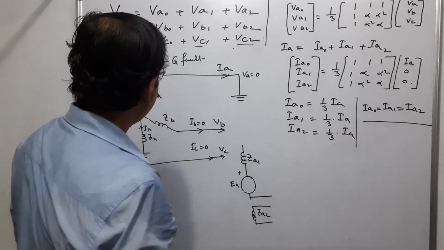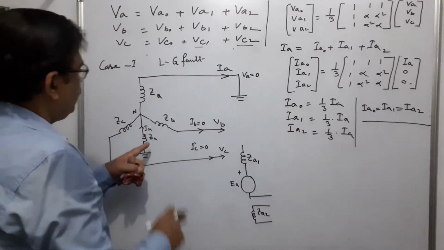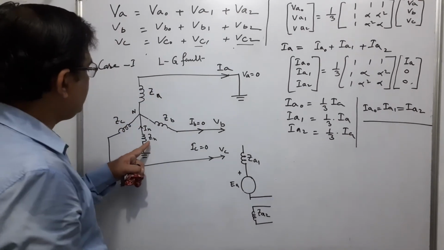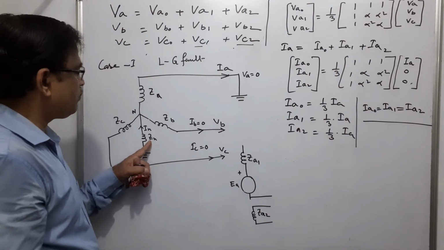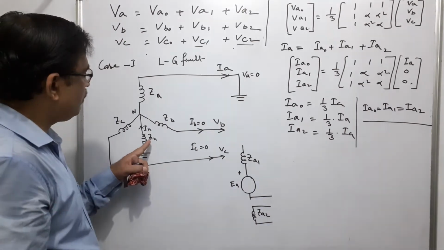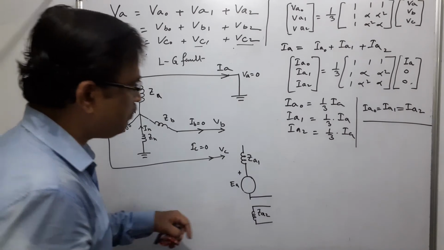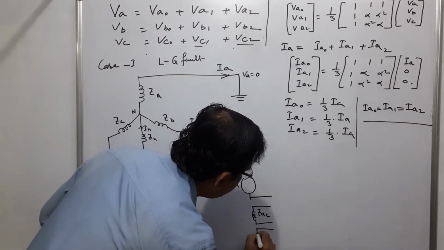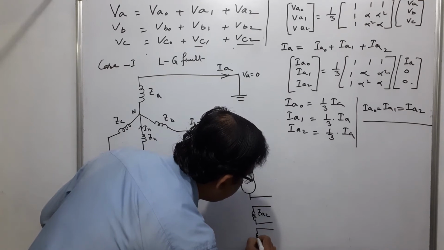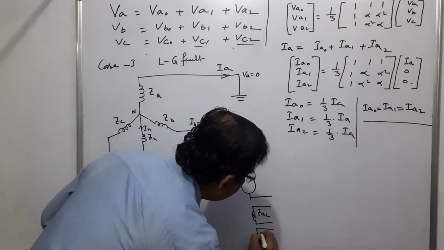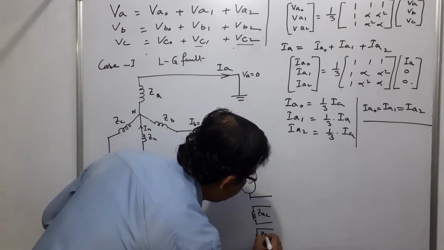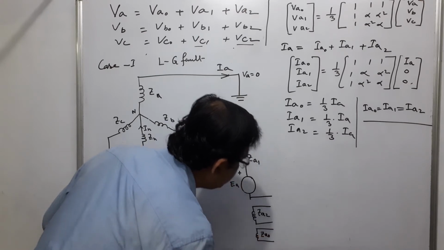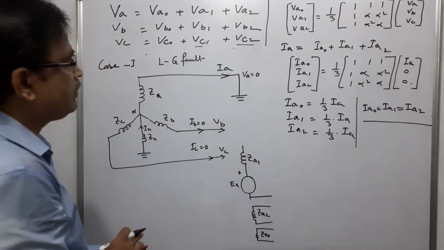And in case of zero sequence, we know that this impedance will come in series with the zero sequence impedance. That means this is ZA0.